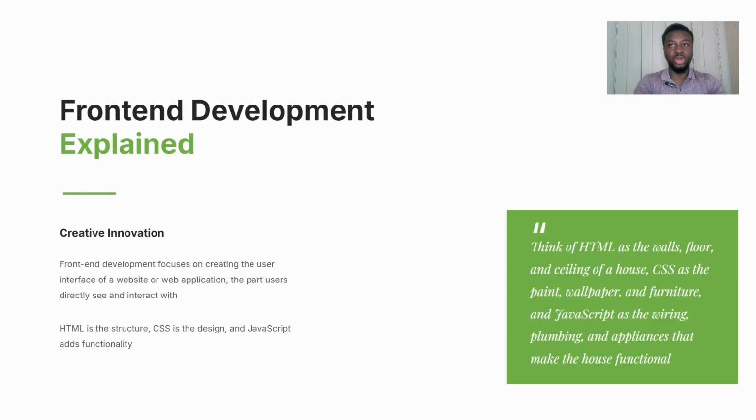So the wall is HTML, CSS is the paint that makes it look more beautiful, along with the wallpaper and furniture. But JavaScript is more of the wiring, the plumbing, and all the things that make the house function well. So basically, all these 3 tools make up front-end development. So that's what we are going to go through.